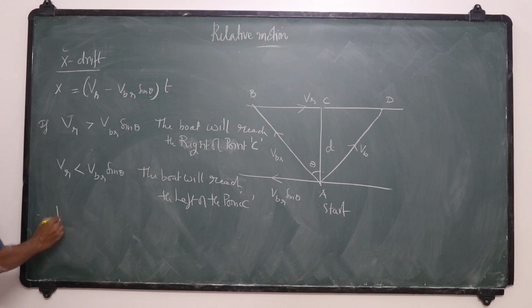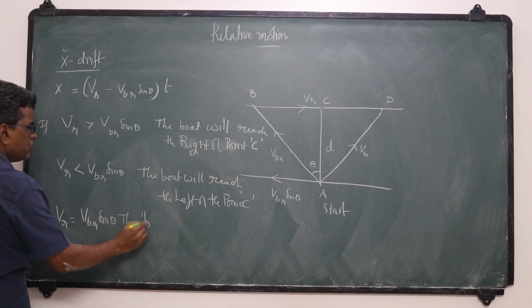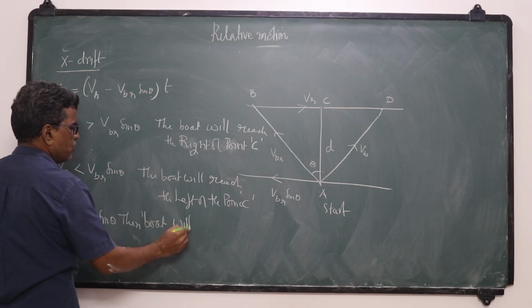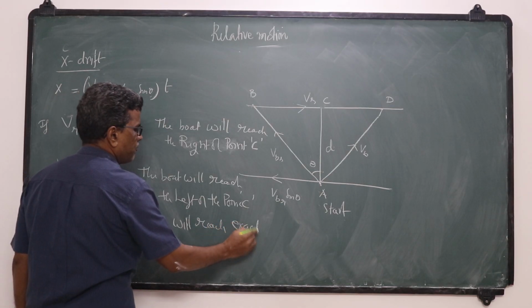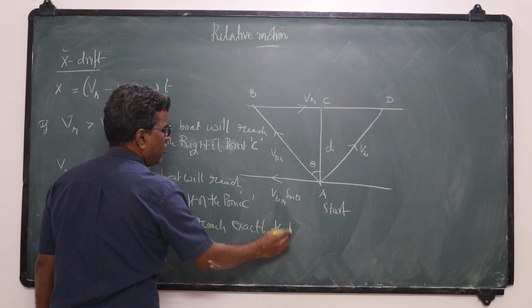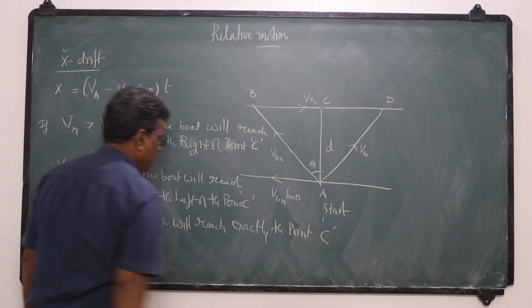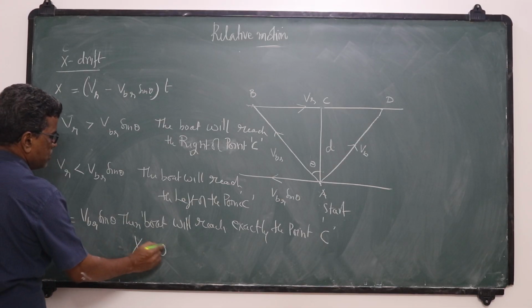If VR is equal to VBR sin theta, then the boat will reach exactly the point C. In such cases, drift becomes 0.